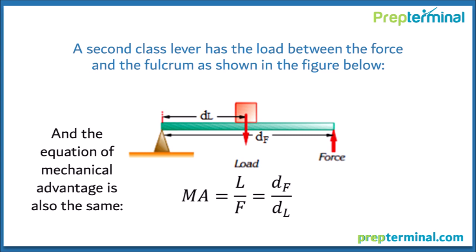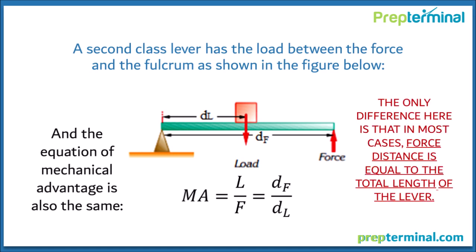And the equation of mechanical advantage is also the same: MA equals L divided by F equals dF divided by dL. The only difference here is that in most cases, the force distance is equal to the total length of the lever.